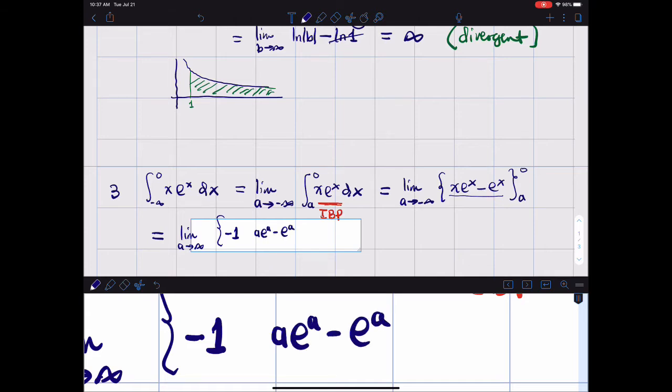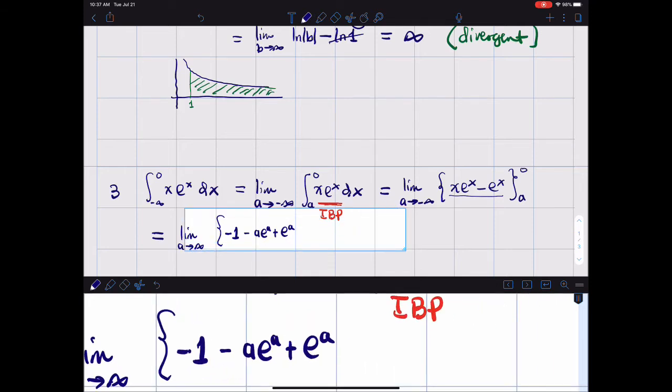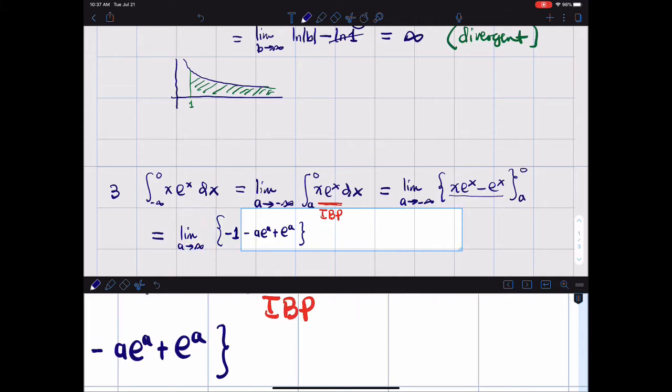And if you subtract, this becomes positive. Just do it, try it yourself. So you plug in 0 and plug in a and subtract, this is what you get. Now we have the limit.